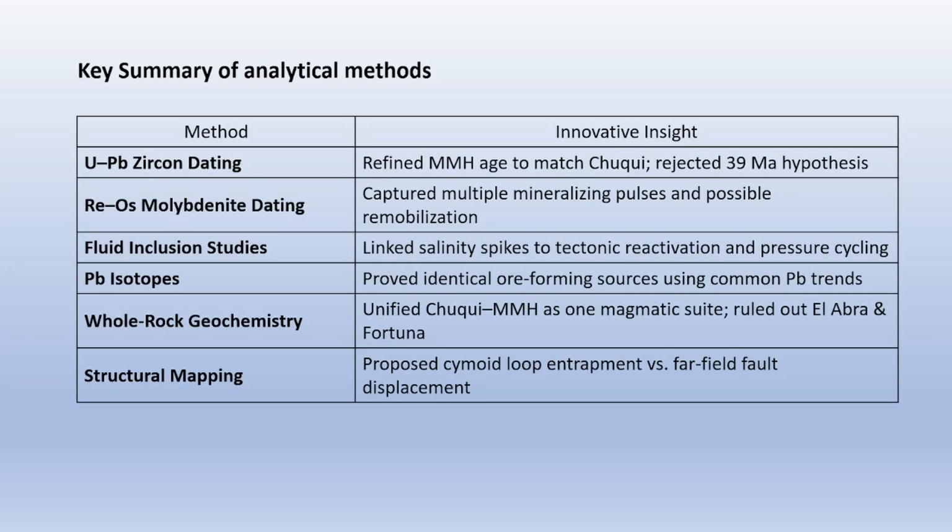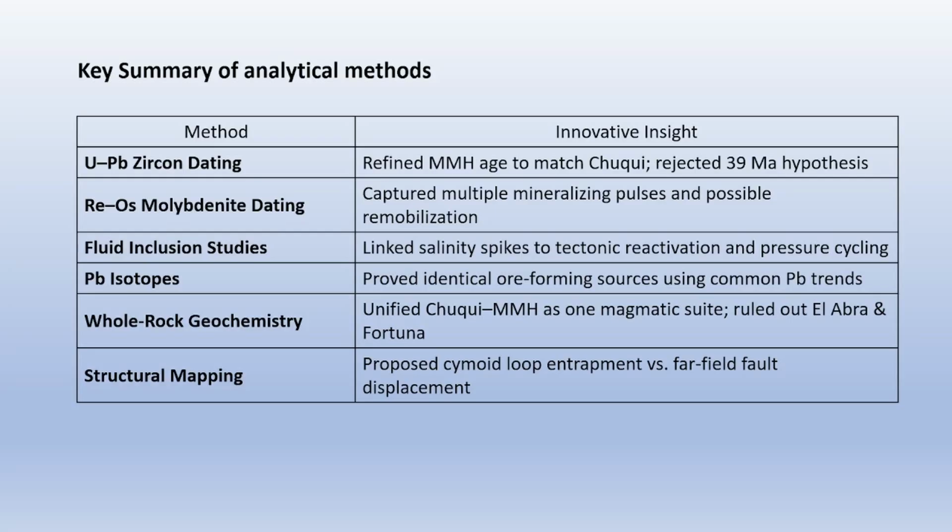And it's quite identical to the ages of Chuquicamata. And it's a very key point in this article because the older assumptions were that MMH is 39 million years, it's older, and it's not related to Chuquicamata.